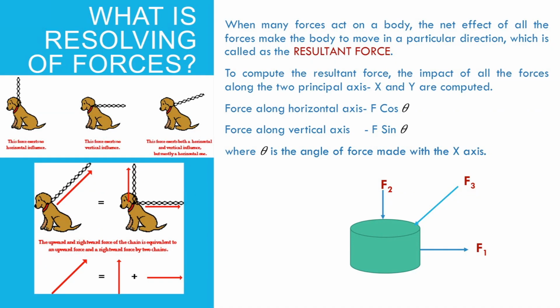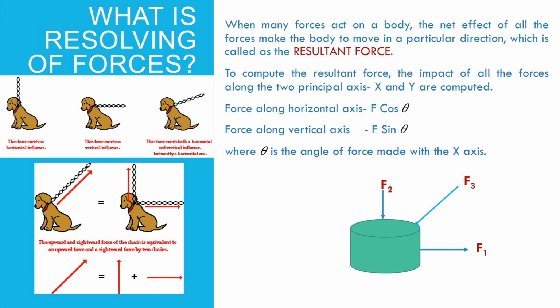So, we can understand that when an object is subjected to many forces simultaneously, there will be a net effect of all the forces and it will not follow a particular force or direction. So, that is what we are going to see: when we have many forces, how are we going to resolve them? Now, let us look into the next slide.